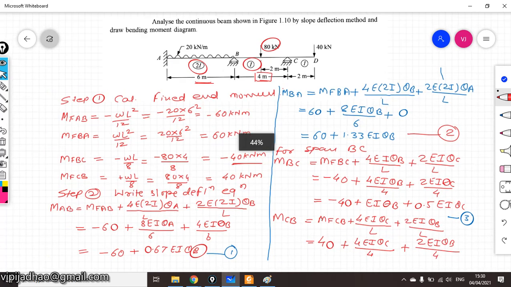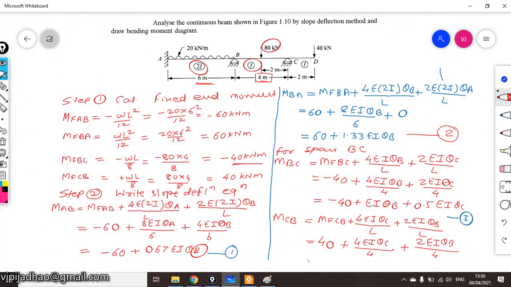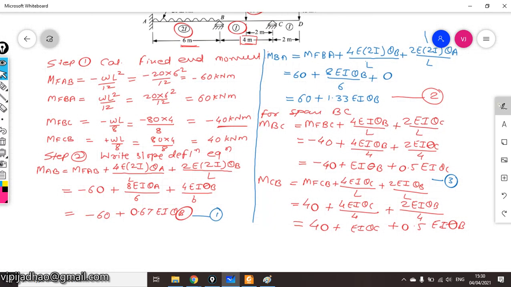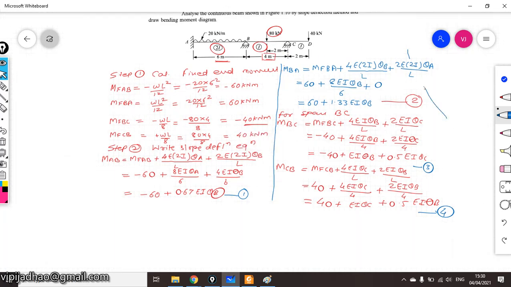So this equation becomes MCB equal to 40 plus EI theta C plus 0.5 EI theta B. This is your equation number 4.